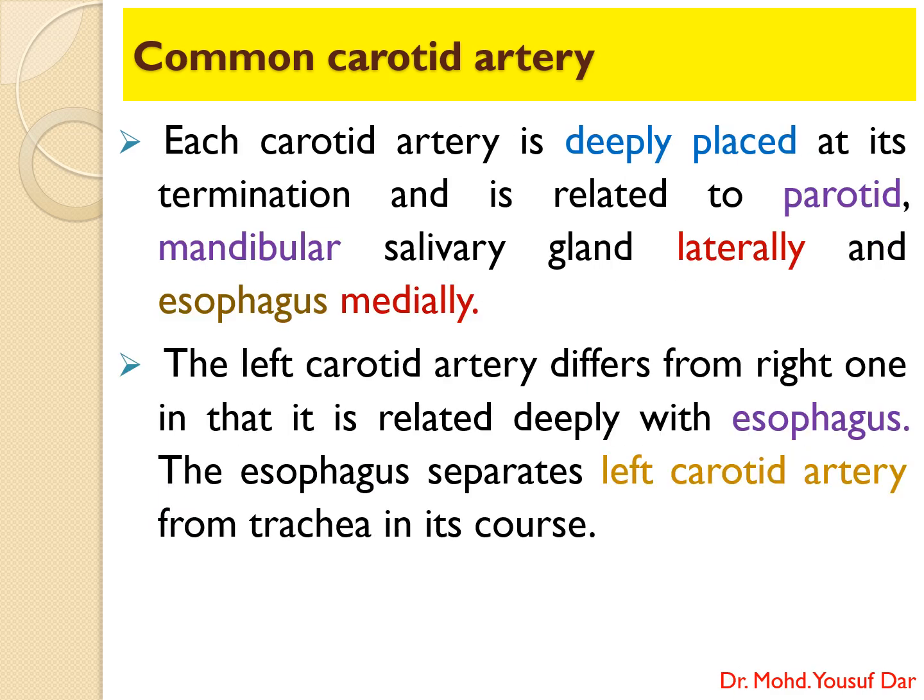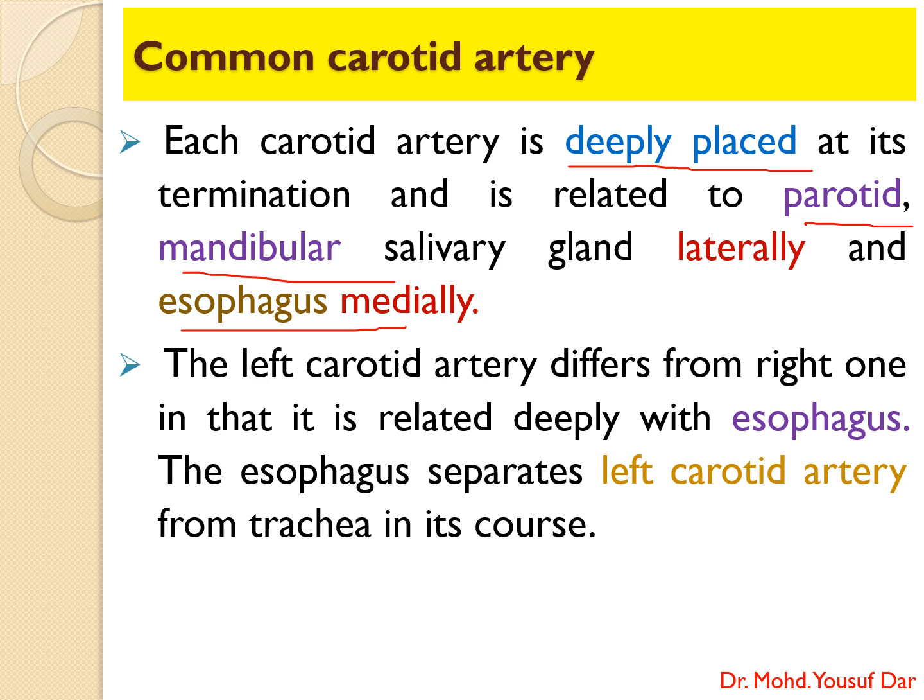Each carotid artery, when it reaches the point of termination, becomes deeply placed. Here the carotid artery is related laterally with the parotid and mandibular gland, and medially with the esophagus.